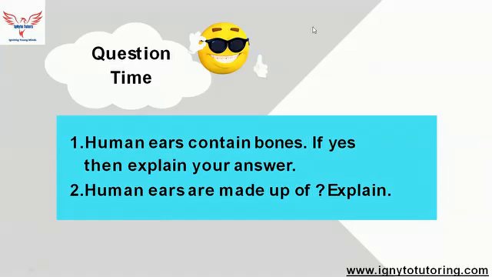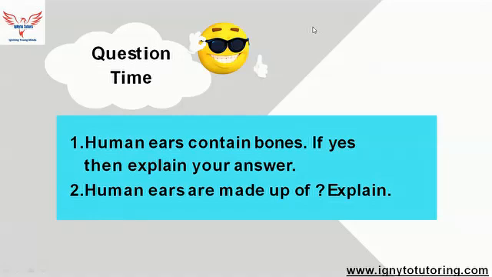So, the answer for the first question is yes. Human ears contain bones. The middle ear contains three tiny bones. The first is the hammer, called malleus, attached to the eardrum.